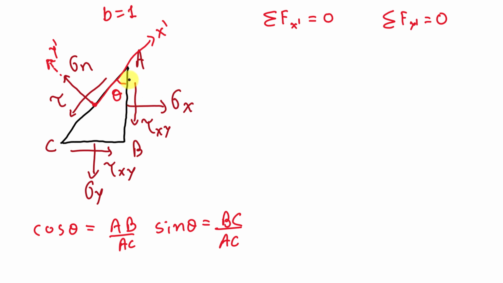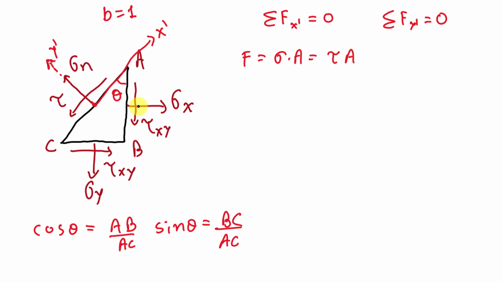So the area of this surface will be AB into 1, the area of this surface will be AC into 1, and the area of this surface will be BC into 1, right? Now we know that force is equal to stress into area. This is normal stress into area, and this is shear stress into area.